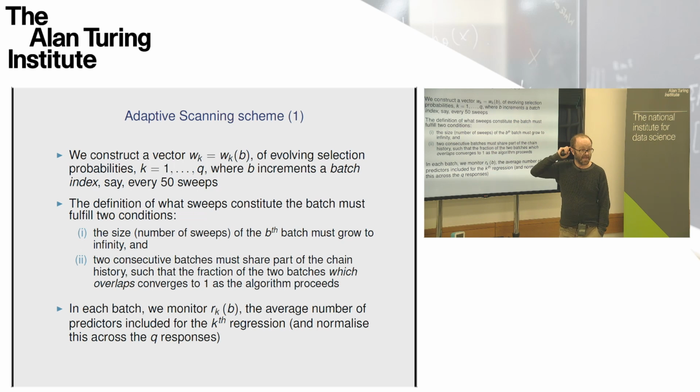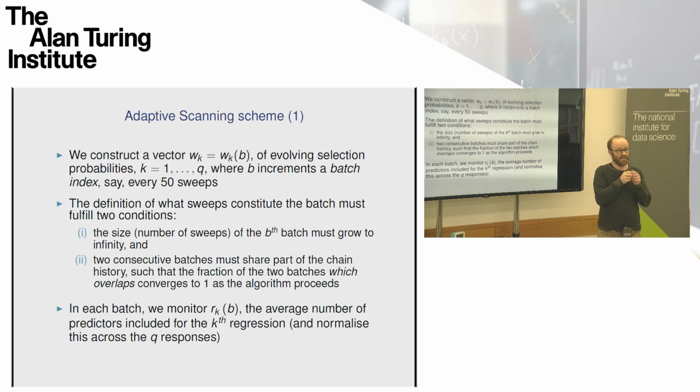Now, the definition of batch is a little bit different with respect to what people use in adaptive MCMC. There are two technical conditions that have to be fulfilled. The first one says: what is the definition of batch, so the past history?